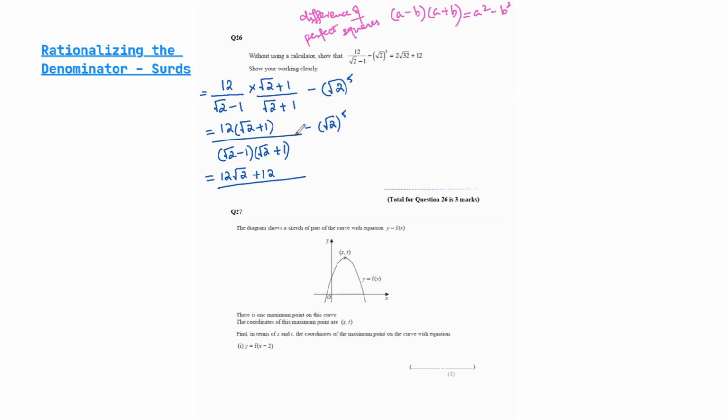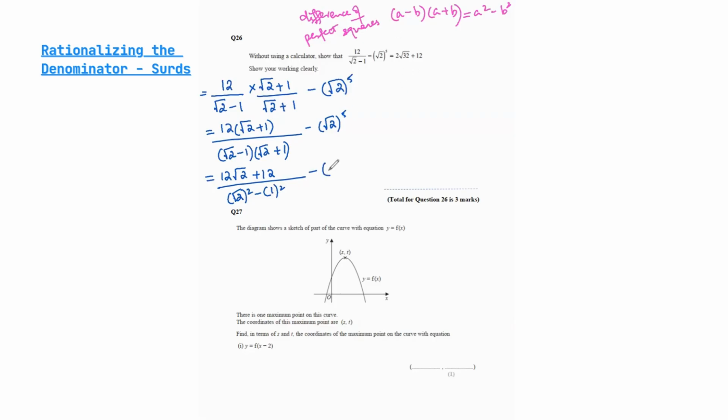So if we look at this, it's exactly the same as this, but a is root 2, b is 1. So instead of expanding it and wasting time on that, you can just simply rewrite this as root 2 squared minus 1 squared. Simple.